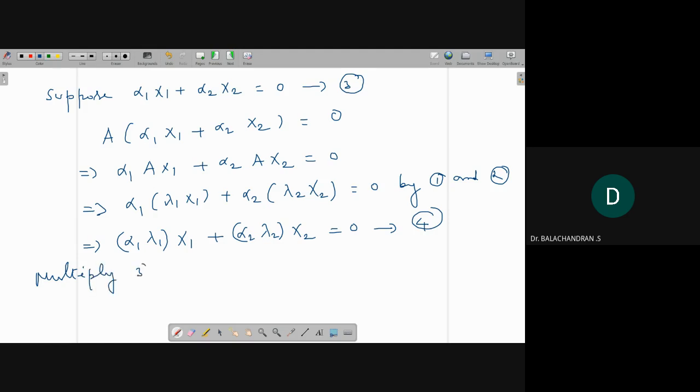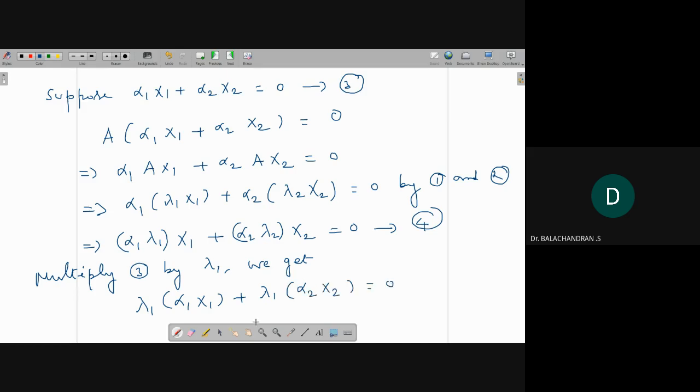Multiply equation 3 by lambda 1. We get lambda 1 into alpha 1 x1 plus lambda 1 into alpha 2 x2 equal to 0.